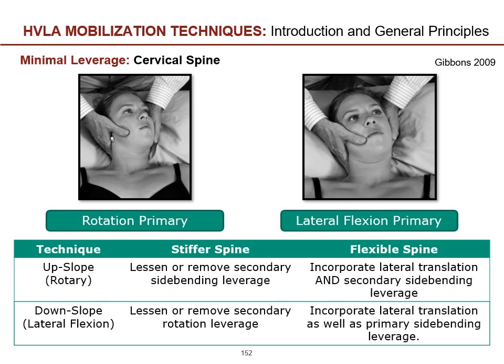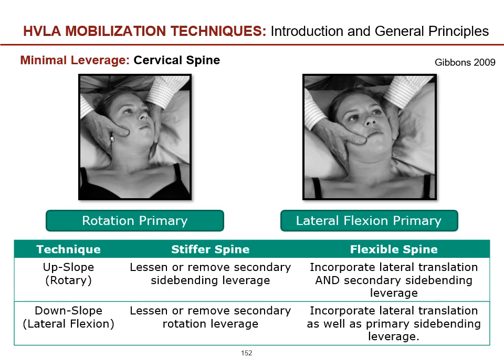So in the first column, you have the technique. Your rotary primary lever and thrust would be your upslope, where classically your downslope would use the lateral flexion as your primary lever. And then you have the options provided, and you can use it as a helpful decision tree for yourself.